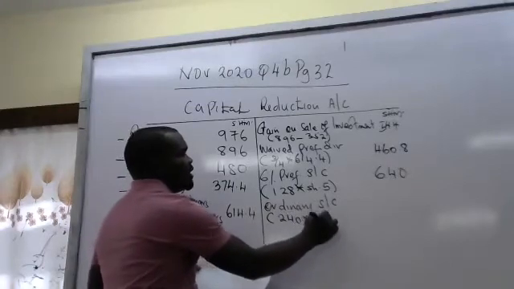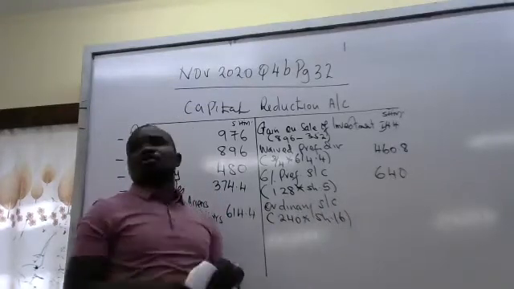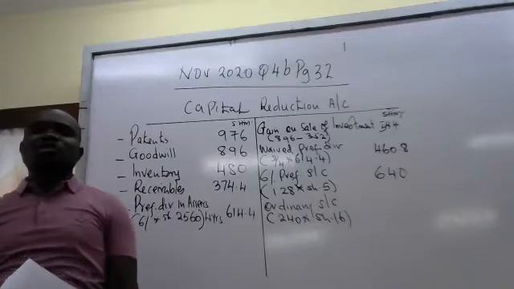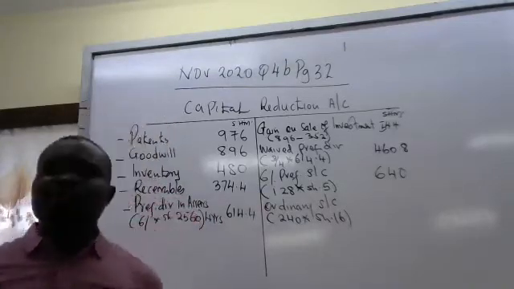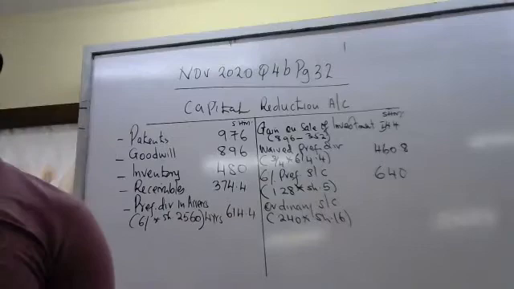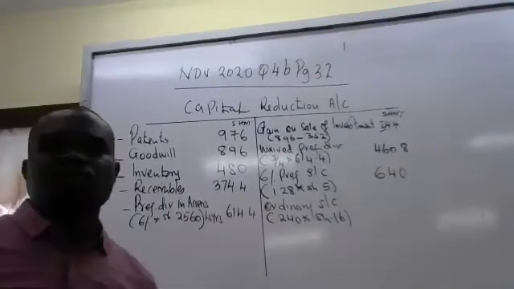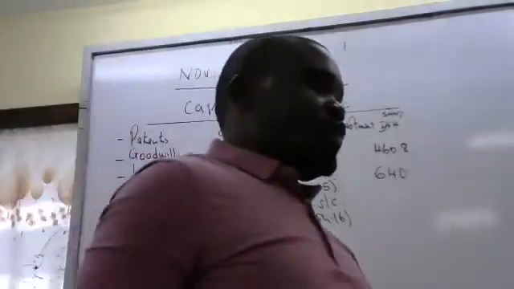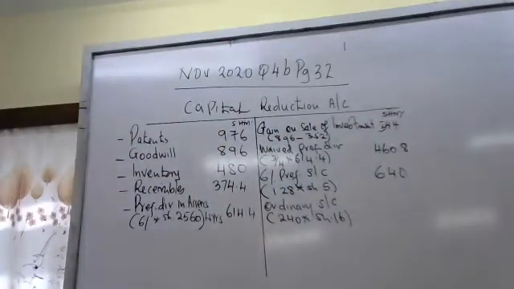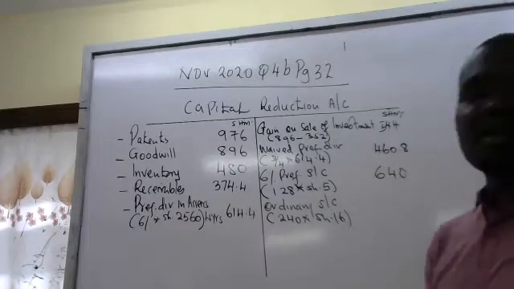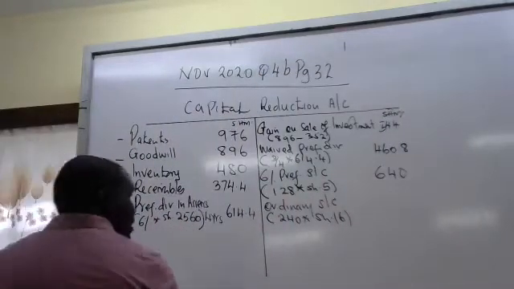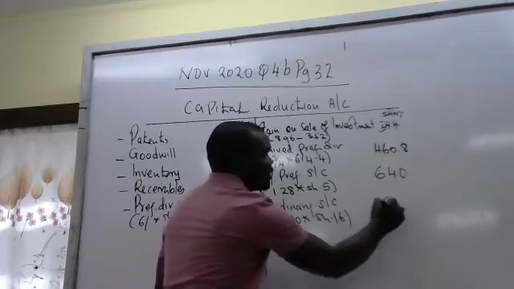So take 240 times 16. That is what we are losing. That is serious. So how much is that? 38.40.